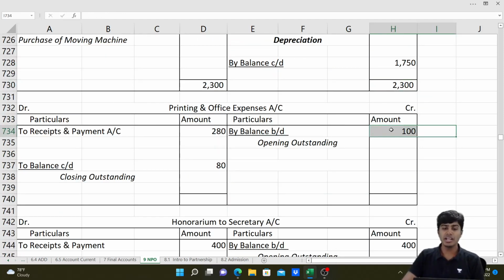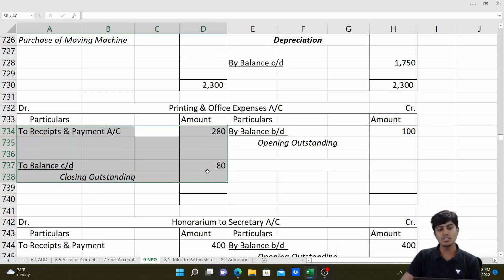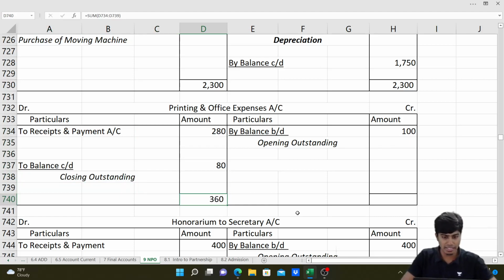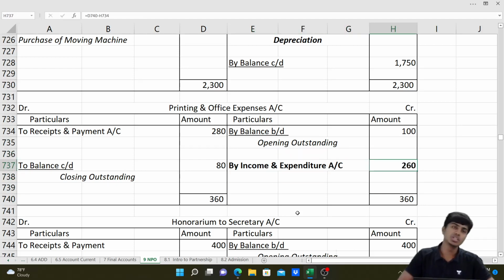So the amount outstanding in the beginning is 100. You have paid 280, still 80 is outstanding. So 360 minus 100, 260 rupees is the current year expense. I'll take 360 here. Then I'll write here by income and expenditure 260. There is an opening balance outstanding of 100, current year expense of 260. Together it is 360, out of which 280 rupees is paid and 80 rupees is still outstanding.